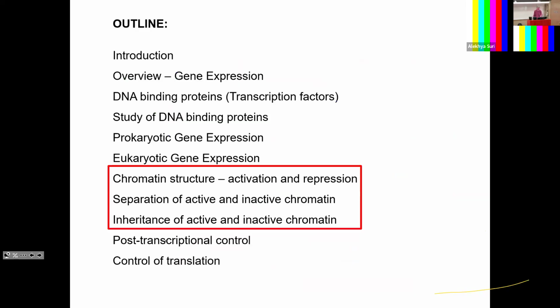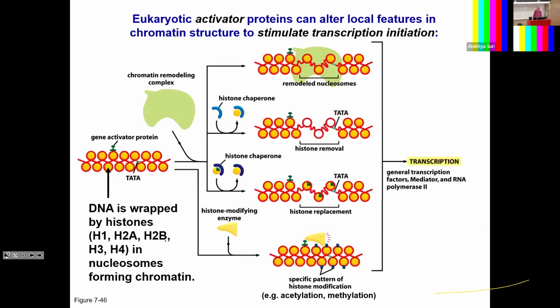Okay, so coming from gene expression at very defined small units, transcription factors, to the higher order structure of the DNA and protein. This is chromatin. I think you already heard about histones.